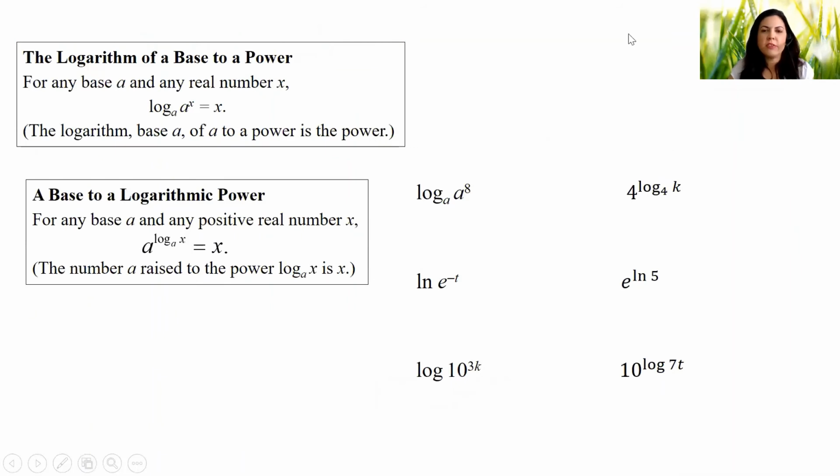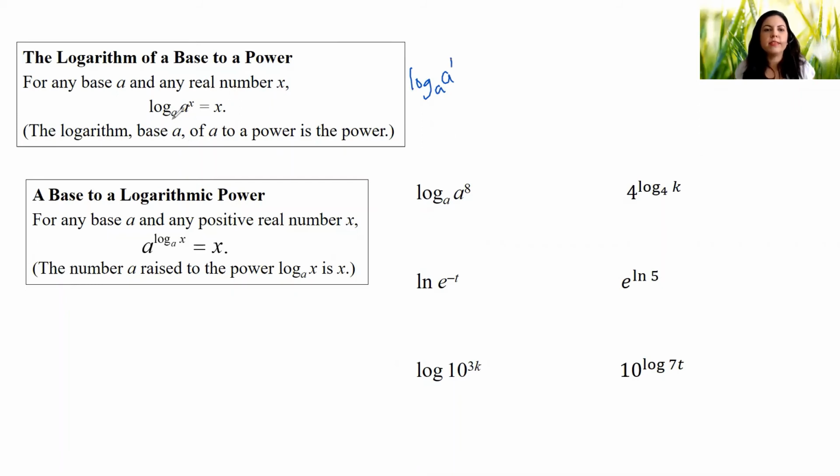We kind of saw this already in one of our previous problems, but this is taking the logarithm of a base to a power. So as we saw, when we had log base a of a, this is kind of like log base a of a to the first power.